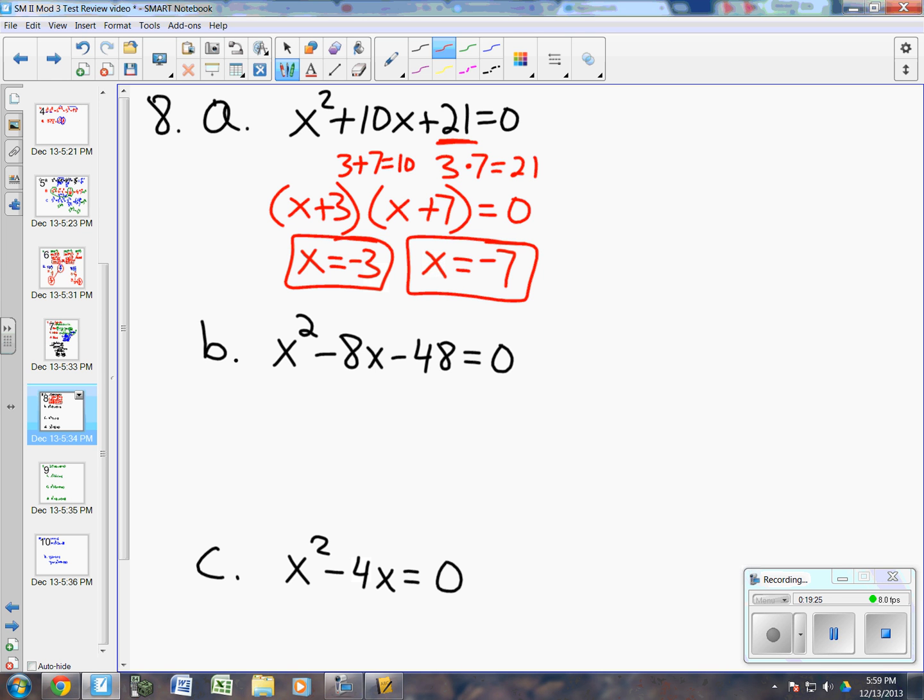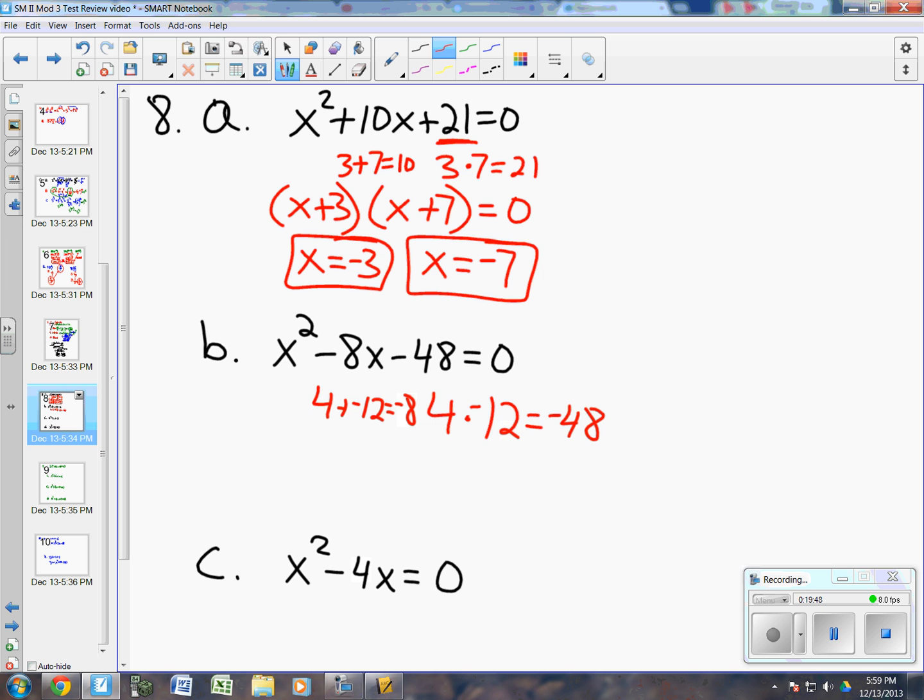I'm looking at that one. 4 times 12 is 48. And 4 times a negative 12, so I think it's 4 times negative 12 equals negative 48, so this one factors as well. And 4 plus a negative 12 is a negative 8, which is the middle term.